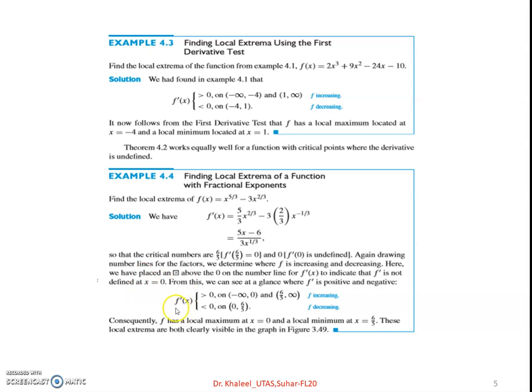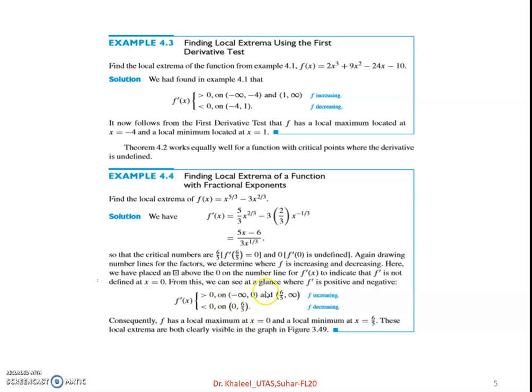So we have f prime x is greater than 0, again we draw the line, show 0 and 6/5, and you take the left and the right values, you will see that f prime x is greater than 0 on these intervals and also on 6/5 to infinity. So f is increasing. Then it is negative on 0 to 6/5.